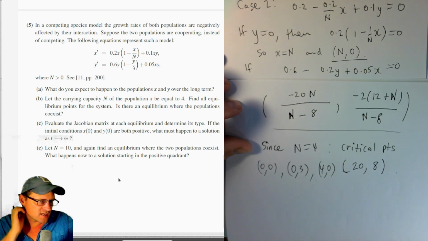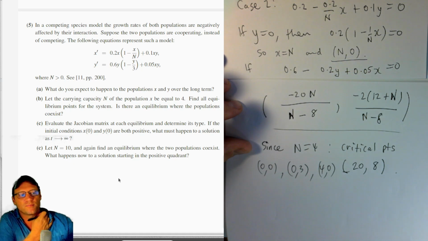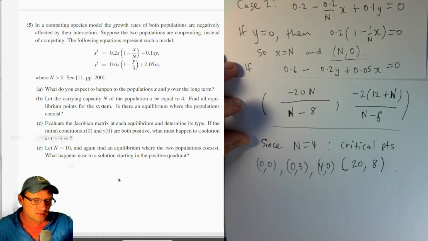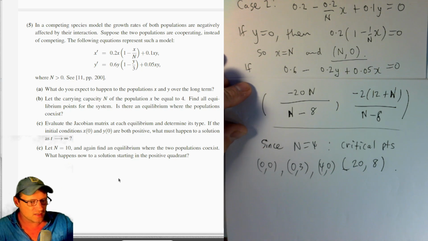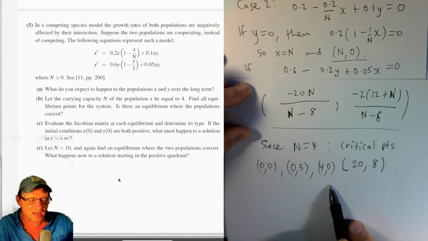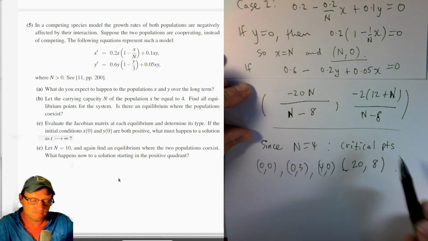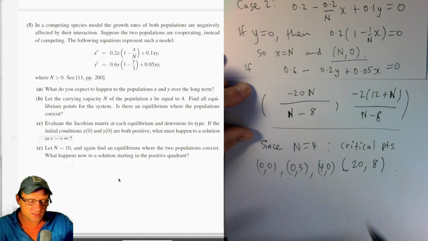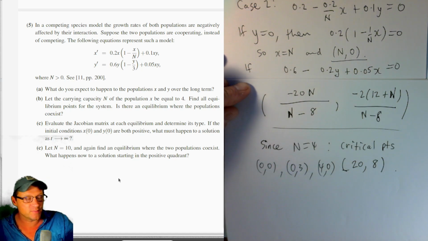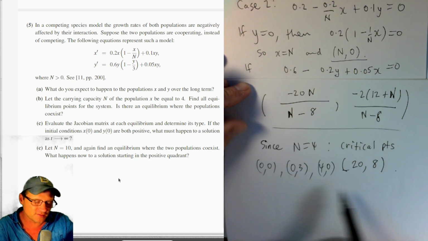Okay, now the question says, is there an equilibrium where the populations coexist? So what we need to do to decide this is determine whether any of these have some kind of oscillating, something like a center. So that's called a limit cycle. Are any of these limit cycles?